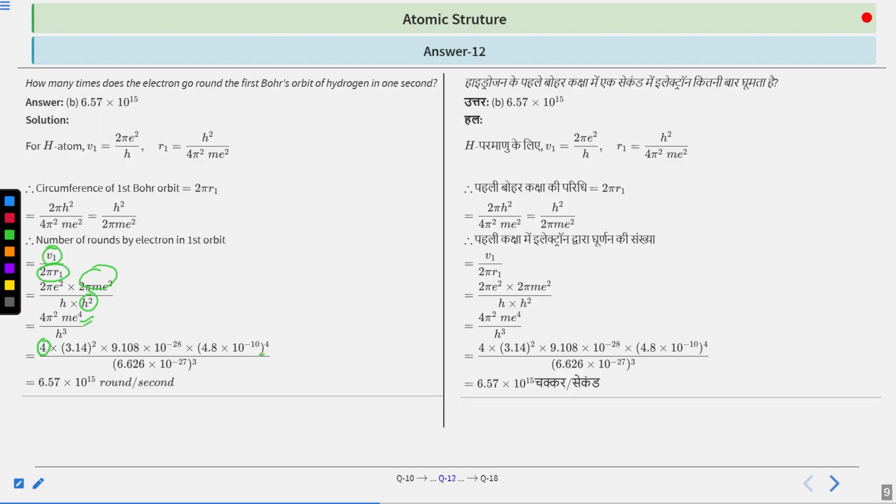So if you calculate this thing, you will get the answer as 6.57 into 10 to the power 15. So this many rounds are covered per second. Clear? Okay. Now moving on to next question.